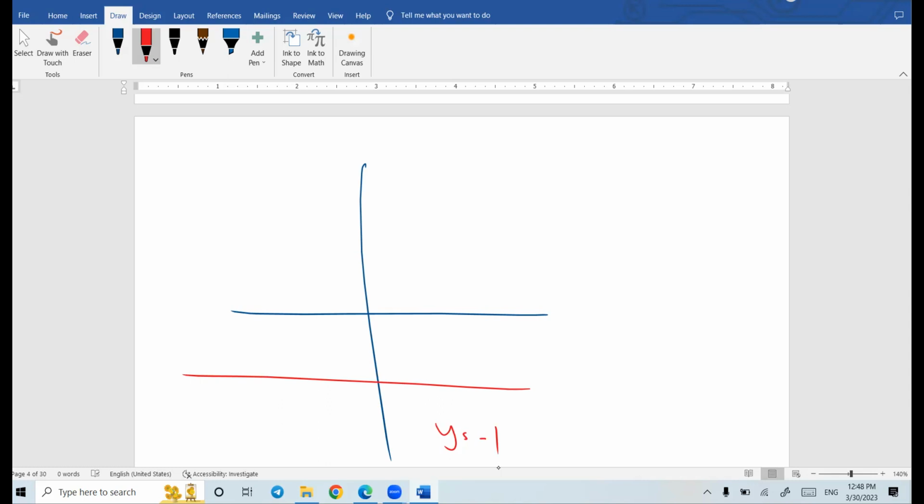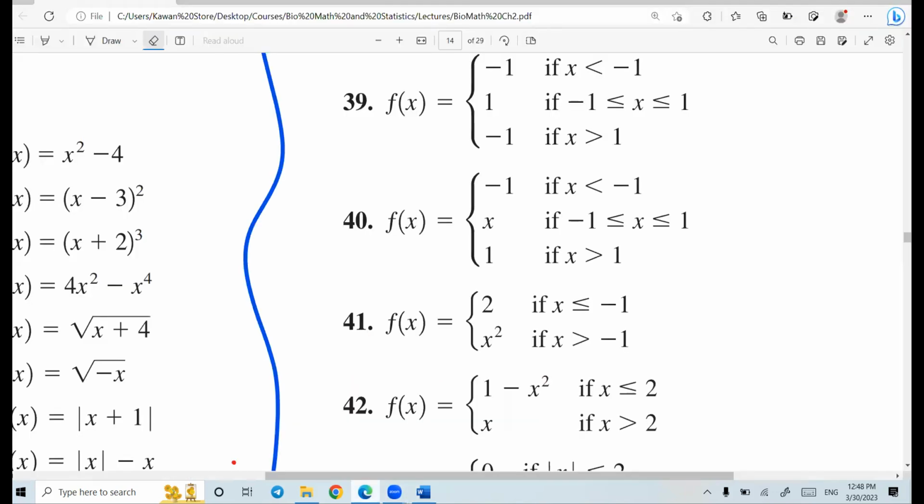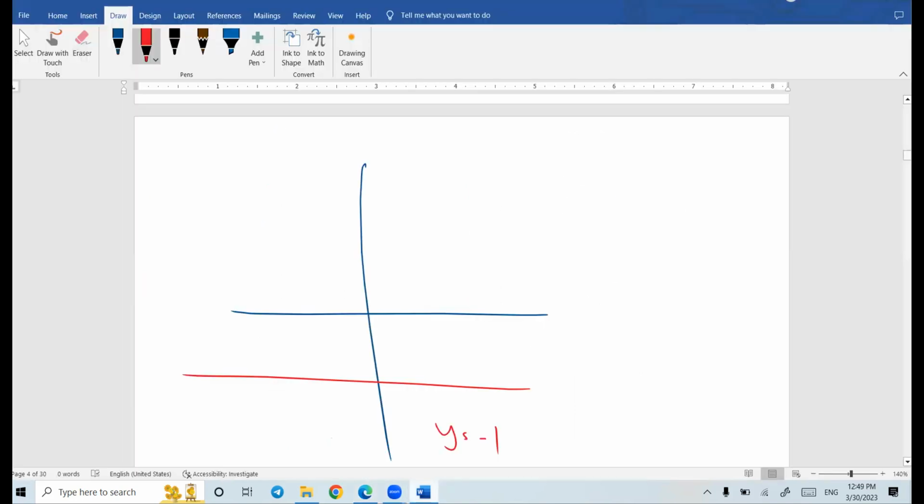But where's the critical point? I told you to find, to select the critical point. Where's the critical point? -1 and 1. You are right. -1 and 1. So on the x-axis, kindly listen, on the x-axis -1 and 1, there's a problem with them.